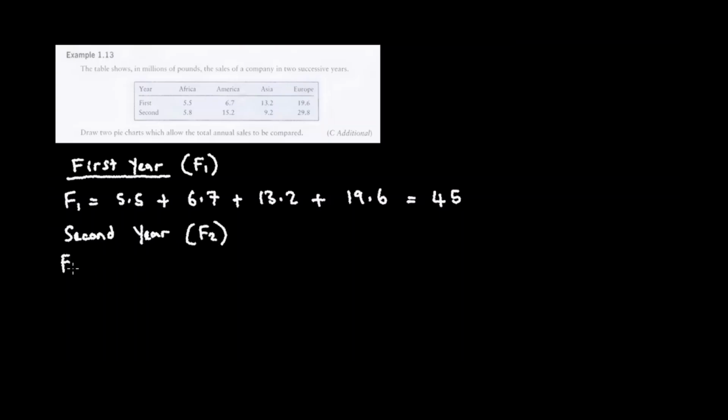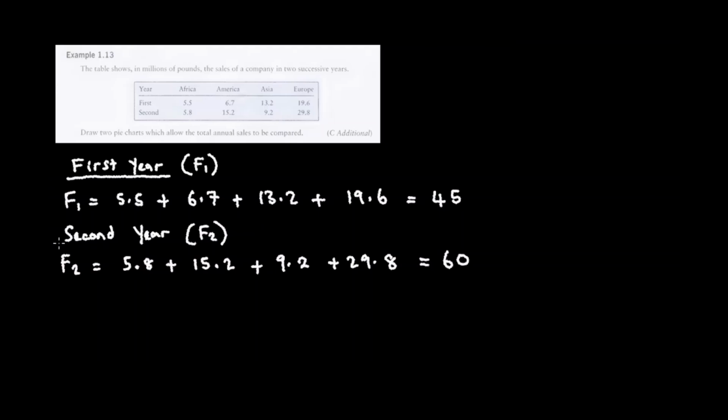So f2 here is equal to 5.8 plus 15.2 plus 9.2 plus 29.8, and adding everything, we get 60. That is what we are getting.